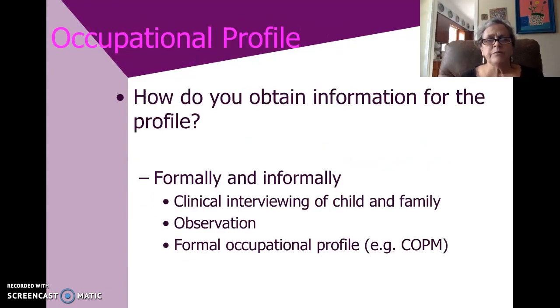So how are you going to obtain that profile? Well, you can informally or formally interview the family and the child. How much you can include the child in the interview, of course, depends on the age and vocal abilities of the child, speech abilities, how much can they answer questions. You can do observation of the child.